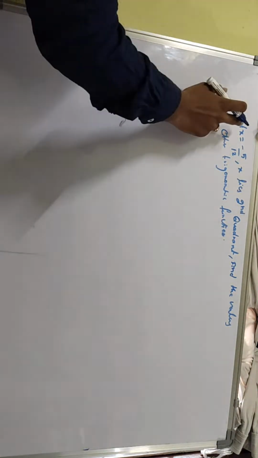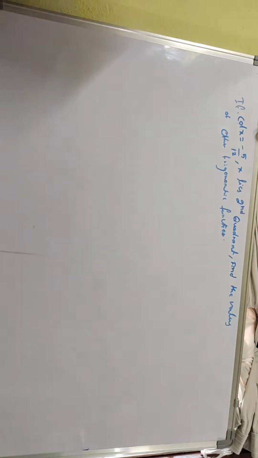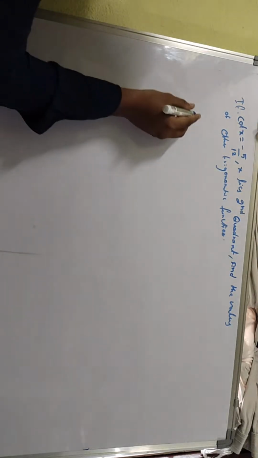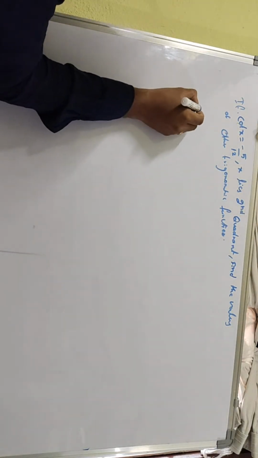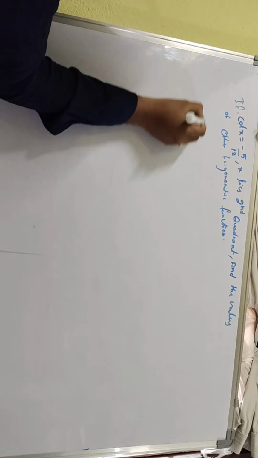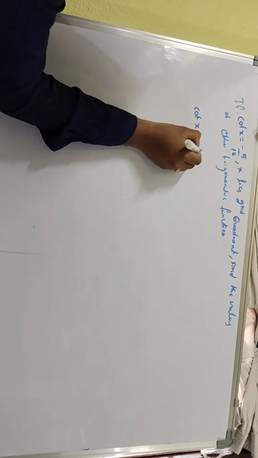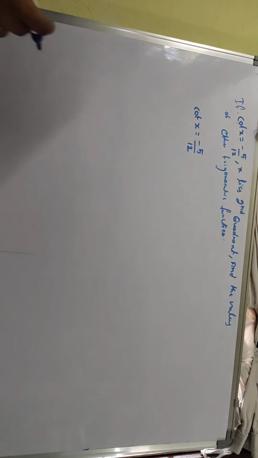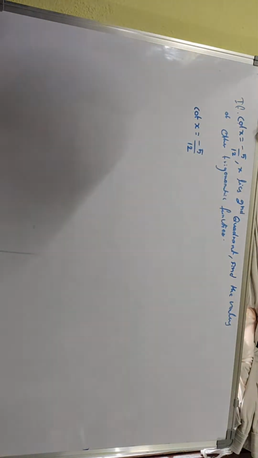So cot x value is already given. First of all, cot x is equal to minus 5 by 12, and now it's time to find the other 5 trigonometric functions.